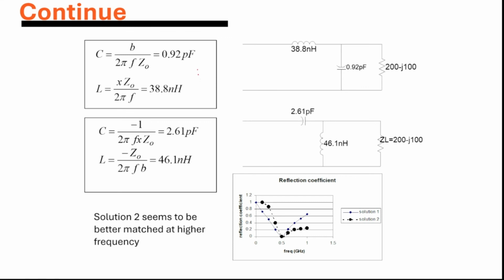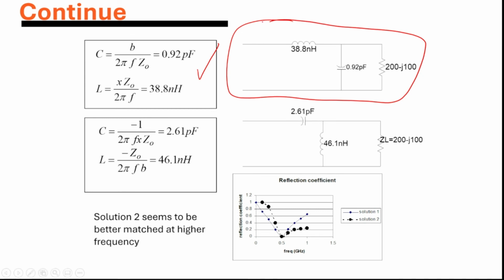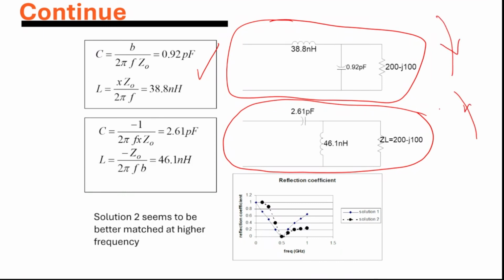This is how both of the solutions look. This is the circuit for the solution that we did earlier, and this is solution number 2, where the first movement is upward instead of downward. For the first solution we move downward in the first movement, and for the second solution we move upward.